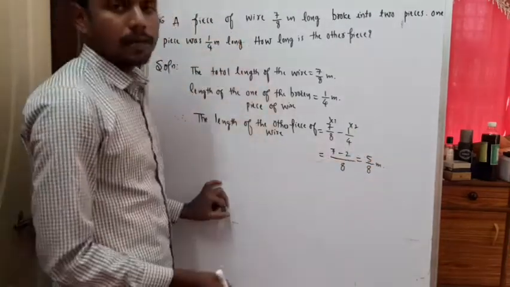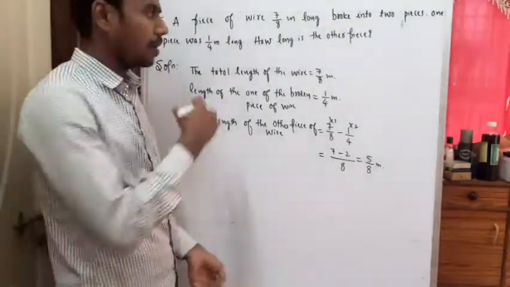So the length of the other piece of the wire is equal to 5 by 8 meter. So please note this down.